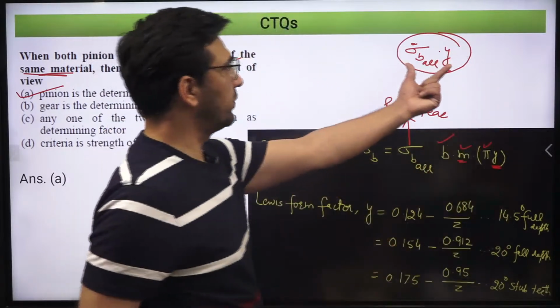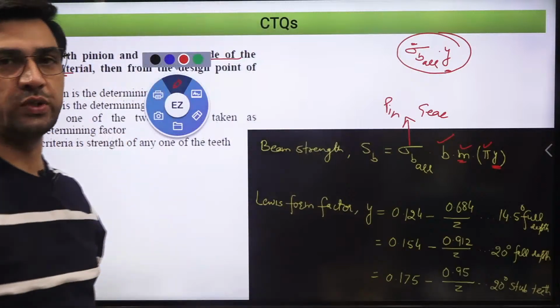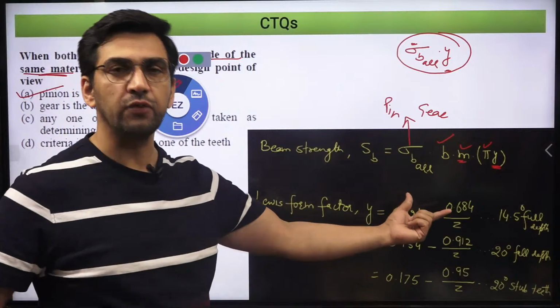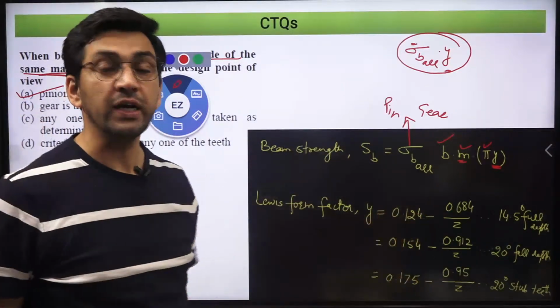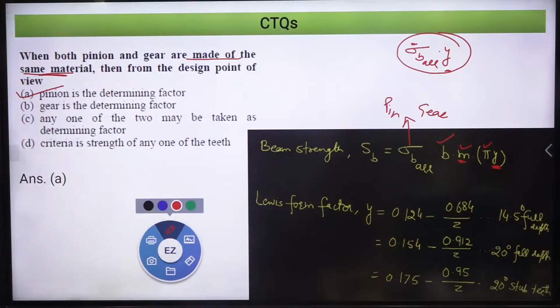So the combination of these two will decide which one is weaker, and accordingly we are going to design. If the gear is weaker, then we will design based upon the gear. If the pinion is weaker, then we will design based upon the pinion. That is how your answer should be. But since over here both have the same material, the only deciding factor is the Lewis form factor.